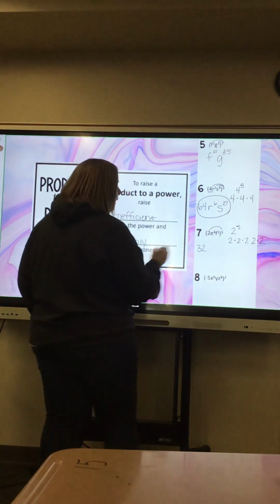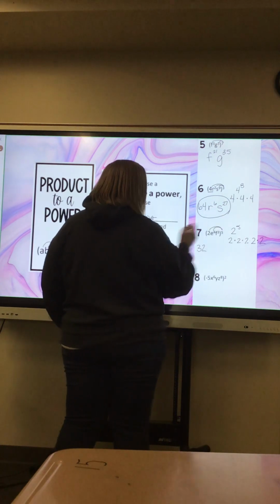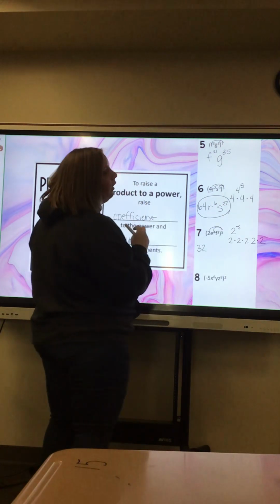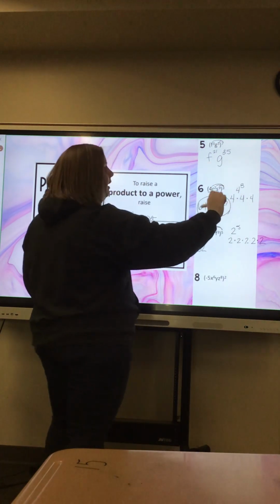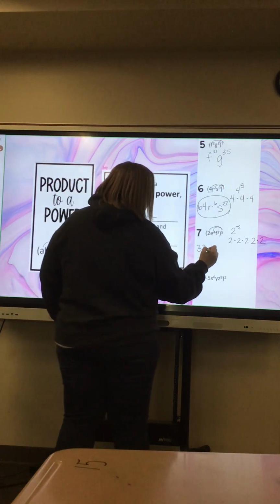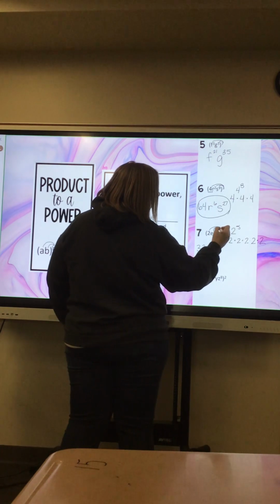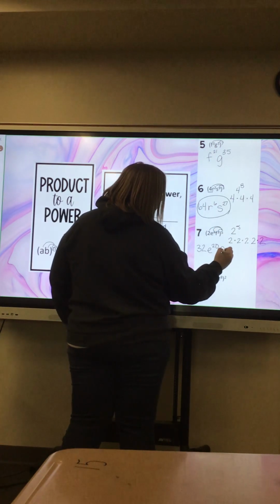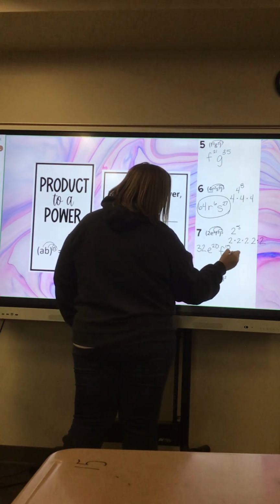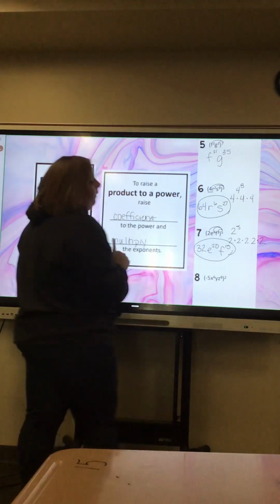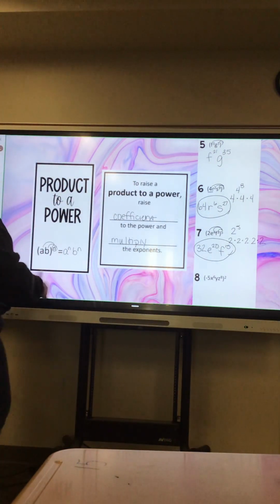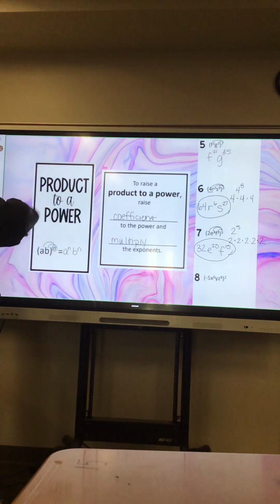Then I give the 5 to the e to the 4th, and I get e to the 20th, and then I give the 5 to the f to the 3rd, so I get f to the 15th. That's product to a power.